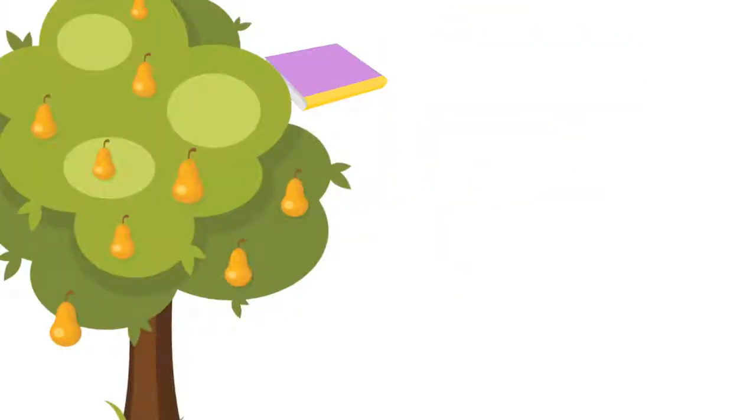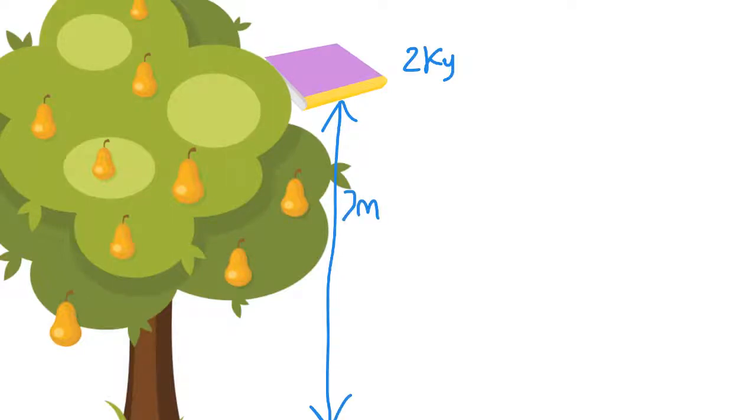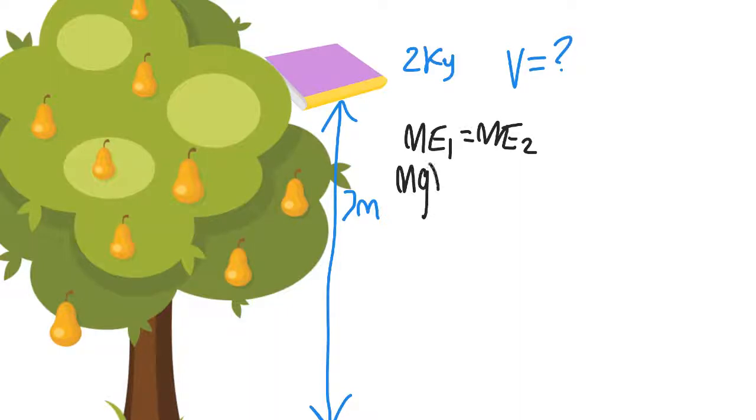Let's say that we have a 2-kilogram textbook and it is 7 meters above the ground and we drop it. Let's calculate how fast it's going when it reaches the ground. Well, we do our ME1 equals ME2. It starts up in the air with gravitational potential energy mgh.